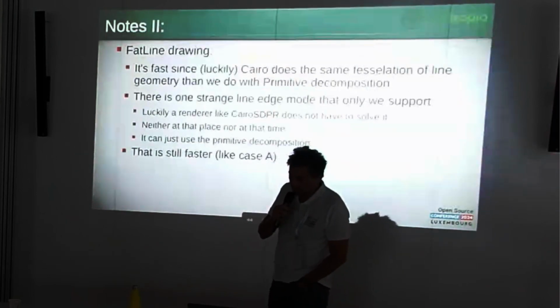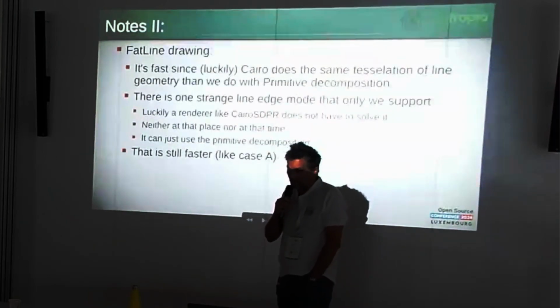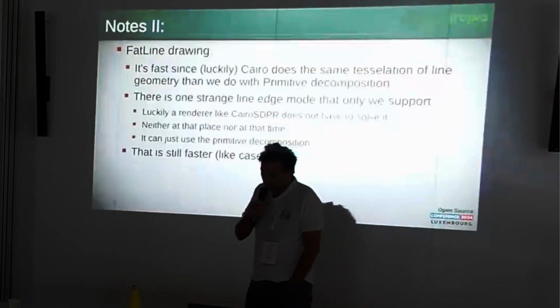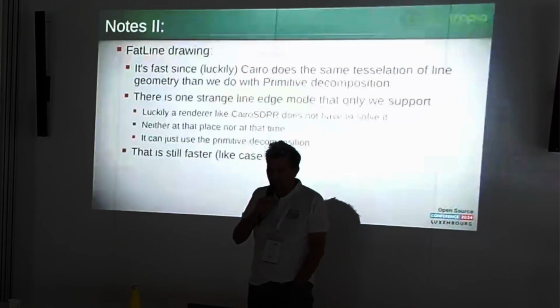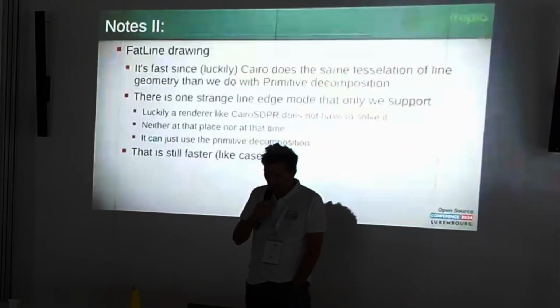I did not really talk about fat line drawing, but it's also very, very fast. And luckily, Cairo is doing pretty much the same line tessellation for fat lines that we do in the primitive decompose. So we don't need to use primitive decompose in this environment at all.